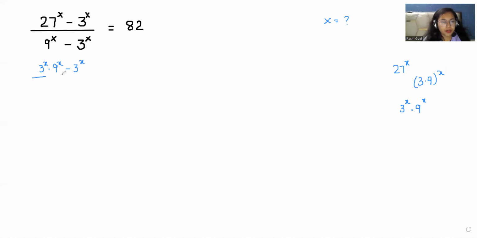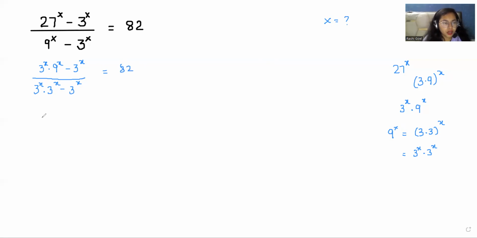Now coming to the denominator. In the denominator, I can write 9^x as (3 times 3) whole power x, or 3^x times 3^x. So I'll replace 9^x with 3^x times 3^x, minus 3^x, is equal to 82.